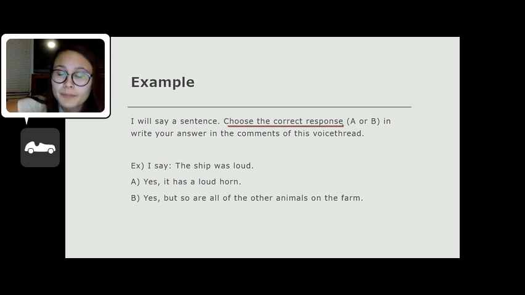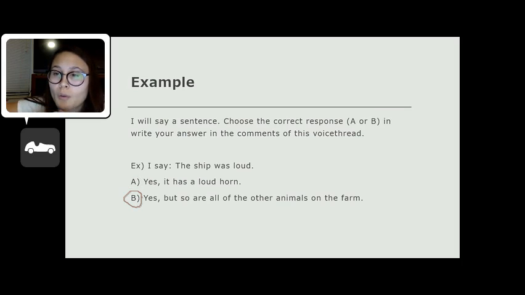For example, let's say I said the sentence, "The ship was loud." You would either choose A, yes, it has a loud horn, or B, yes, but so are all of the other animals on the farm.